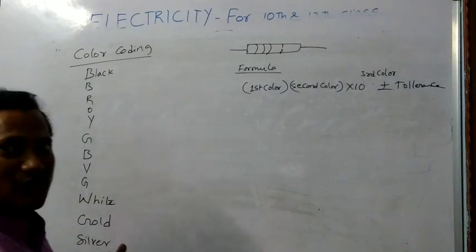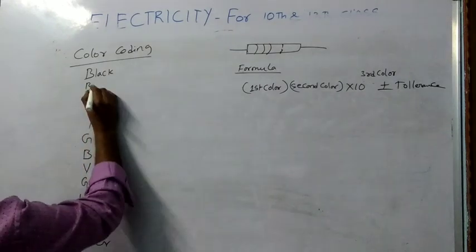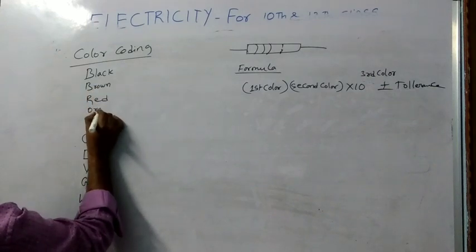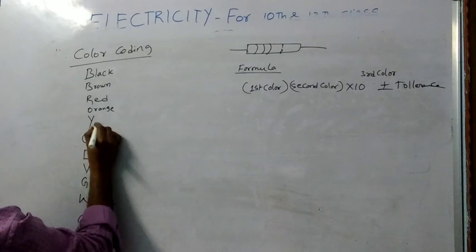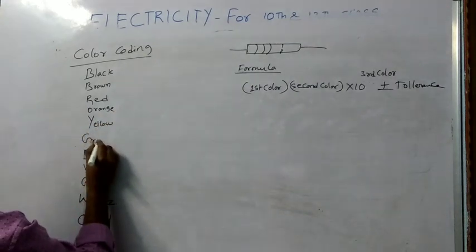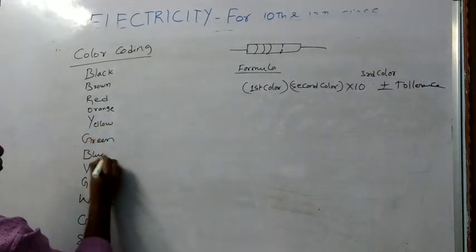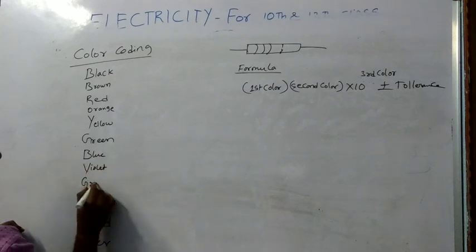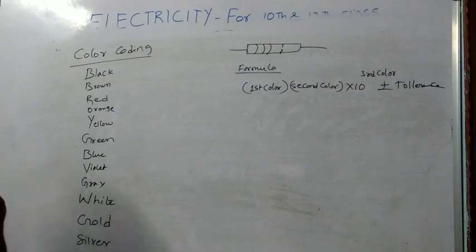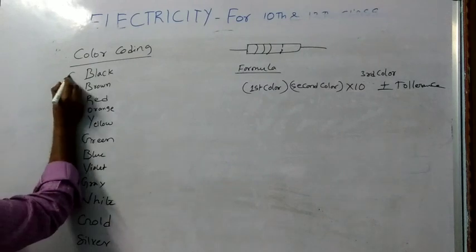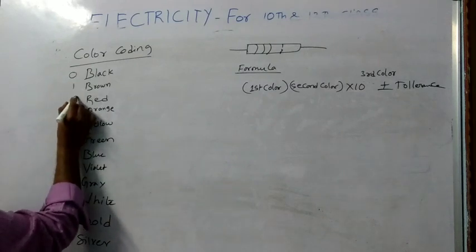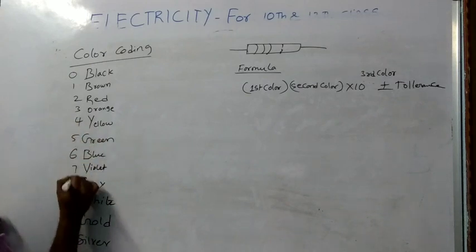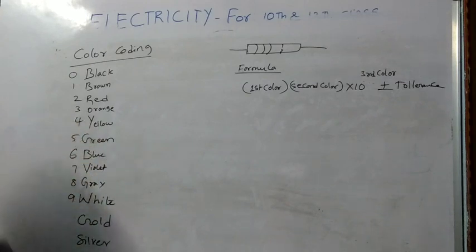Nearby black is brown, then red, orange, yellow, green, blue, violet. Nearby white is gray. Remember this. So the values are 0, 1, 2, 3, 4, 5, 6, 7, 8, 9.